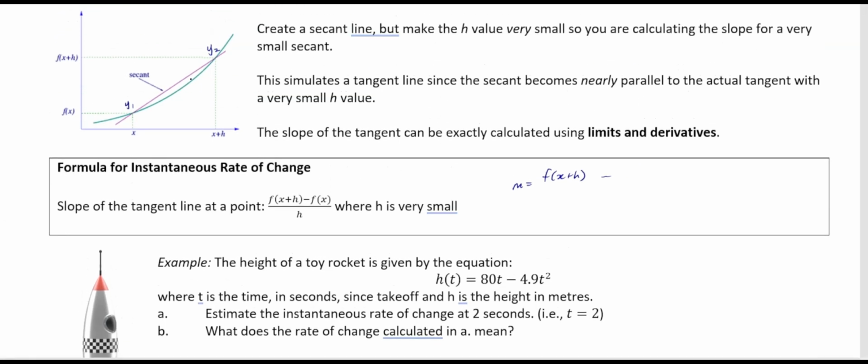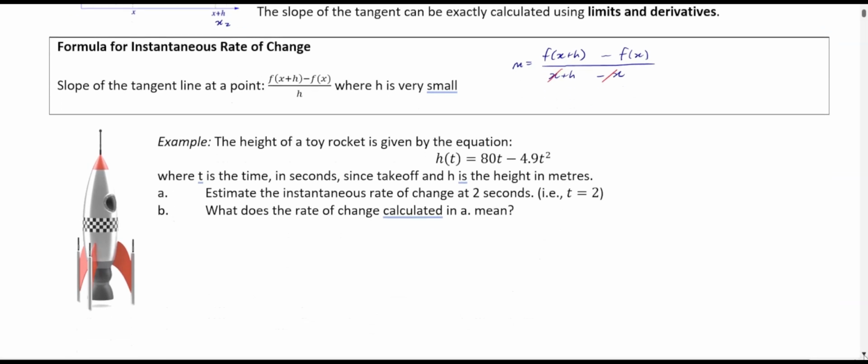Scroll up here so you can see, that's my y2 and that's my y1. So f of x is my y1, all over x2, and this is my x2 right here, x plus h, minus x. So you can see why we're just left with h in the denominator in the formula for instantaneous rate of change, because the x's will cancel and we are left with only h in the denominator.